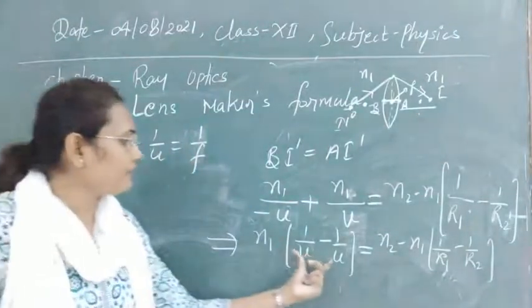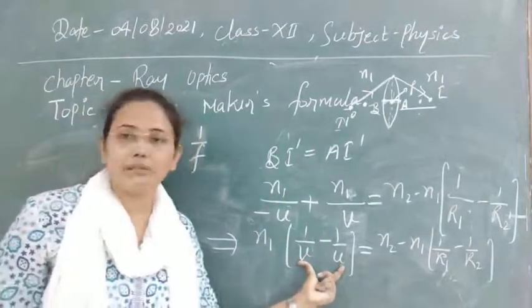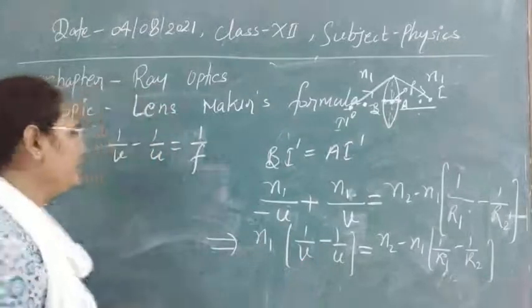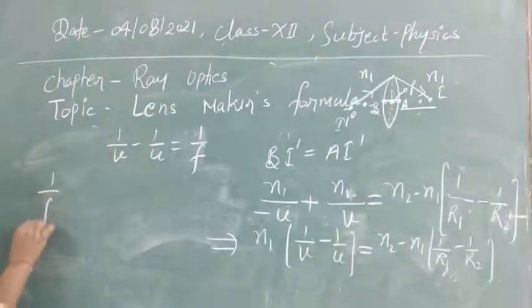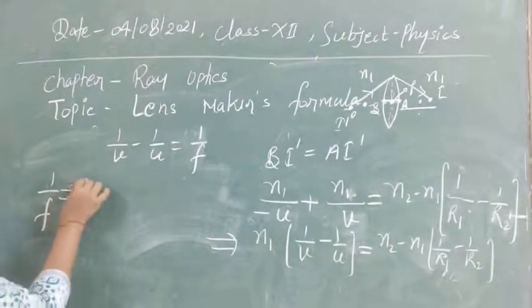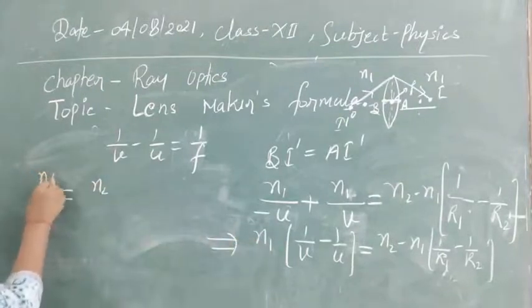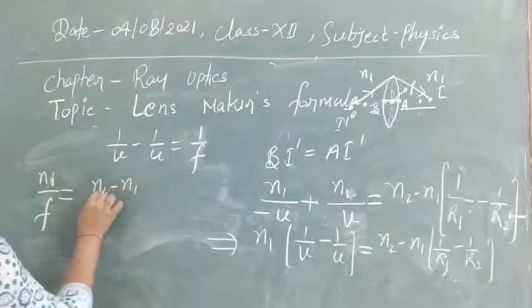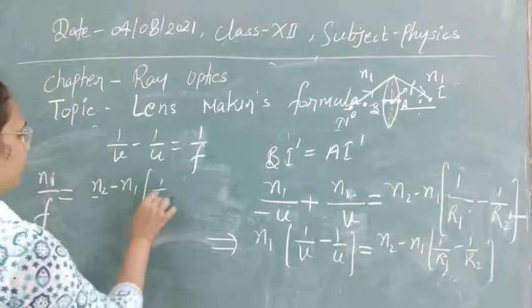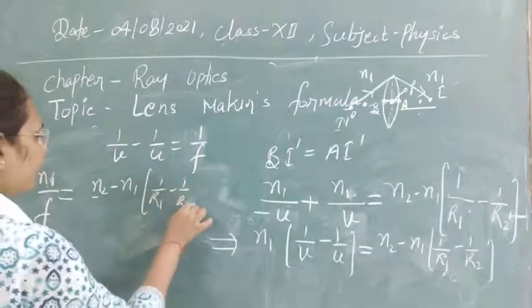So we can write from here, 1 by V minus 1 by U. In place of this we can write 1 upon F. So this is 1 by F. Finally this is equal to N2 minus N1, here also we have got N1, into 1 upon R1 minus 1 upon R2.